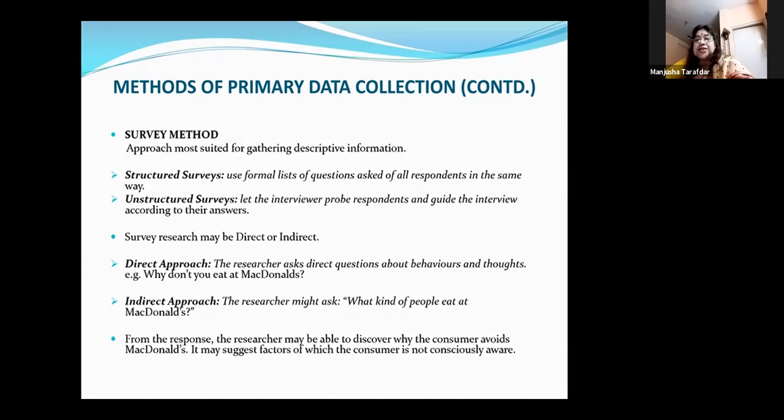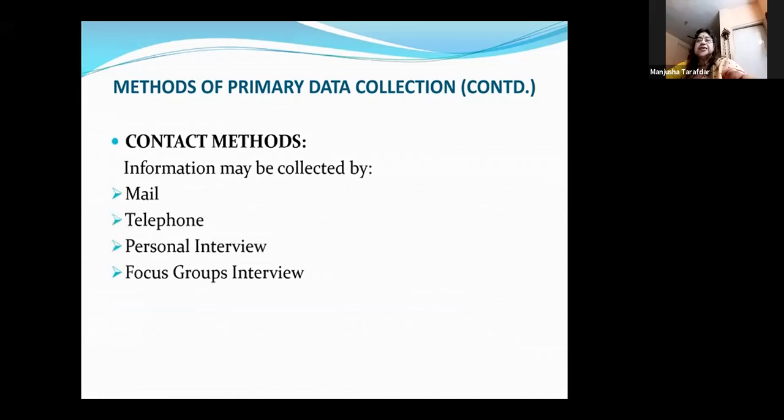It may suggest factors of which the consumer is not consciously aware. Next. Then there are contact methods also. You can collect your information by mail, telephone, personal interview, focus group interview, etc.